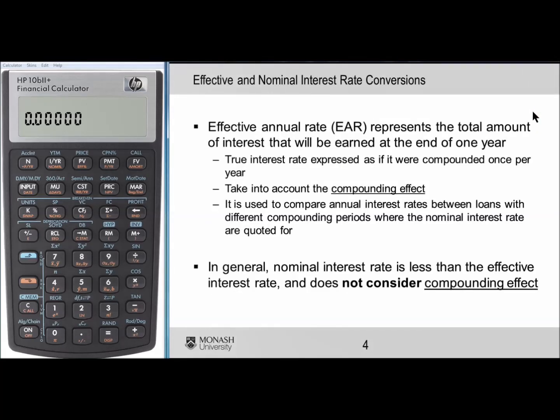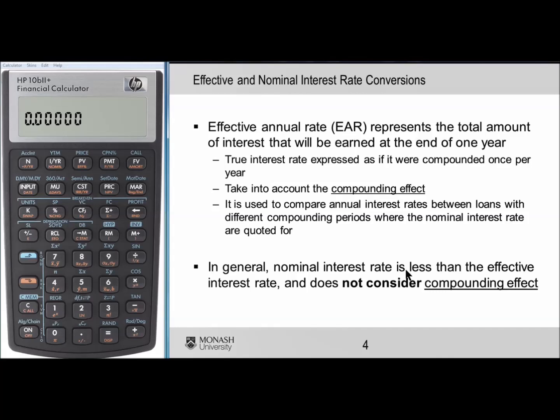Before we develop further, the difference between effective annual rate EAR and nominal interest rate needs to be established. Interest rate represents the price of using money. However, there are different types of interest rate in the market, and usually interest rates are quoted in terms of nominal interest rate.